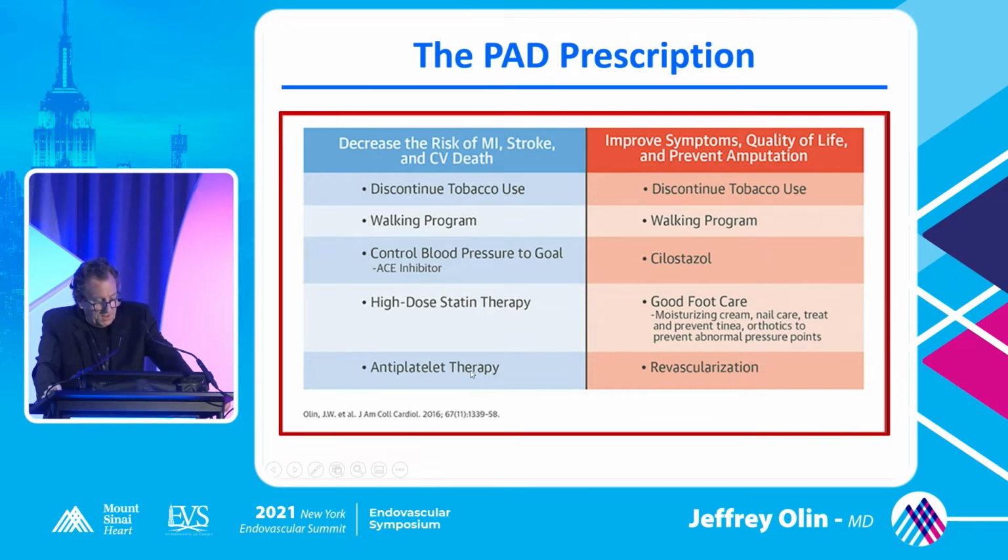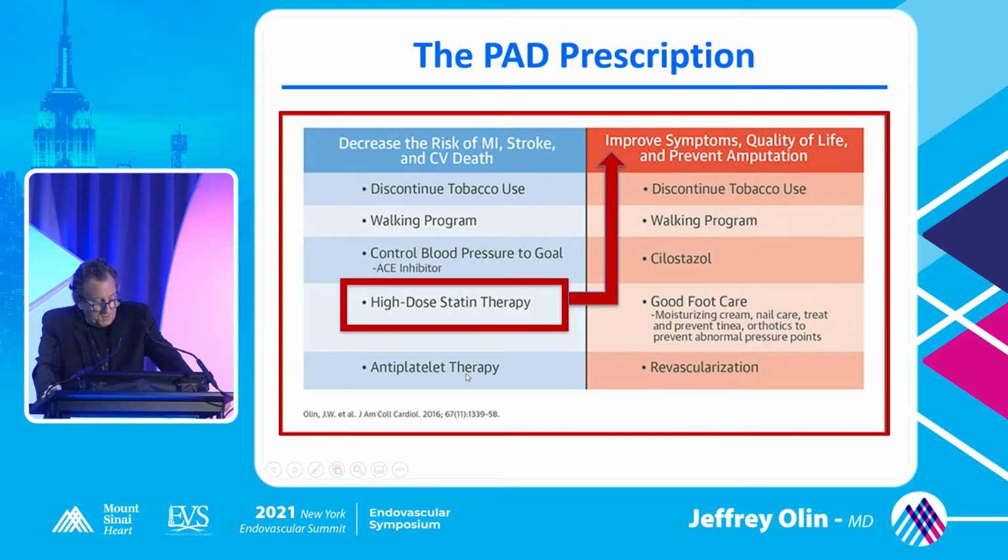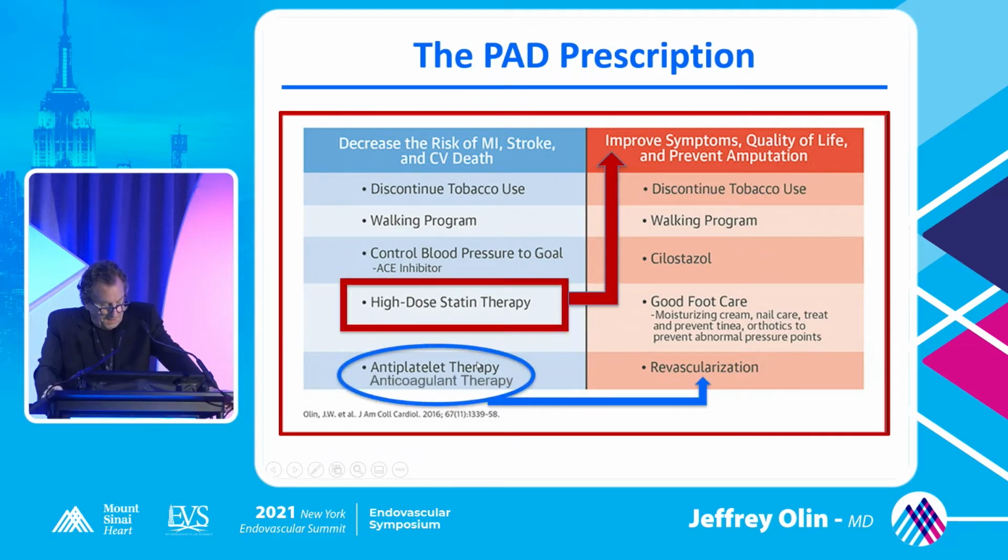It's not just antiplatelet therapy anymore. For example, it's now been shown, and I'll show you a study or two, that high-dose statins not only decrease the risk of MI, stroke, and death, but they also improve symptoms, improve quality of life, and decrease the risk of amputation. Antiplatelet therapy is no longer just antiplatelet therapy.